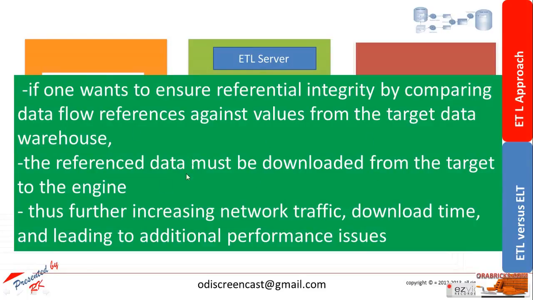Once it is available on the middle tier server in memory, the ETL server will easily compare whether the newly added employee record's department number exists in the downloaded data which is in the memory of the ETL server. If the department number of the employee record exists in this downloaded data from the target, then it will send the employee record for insert to the target. Otherwise it will reject the record into some bad file.